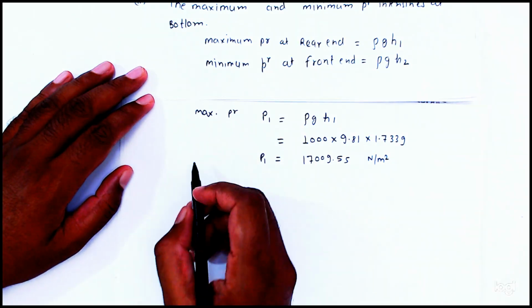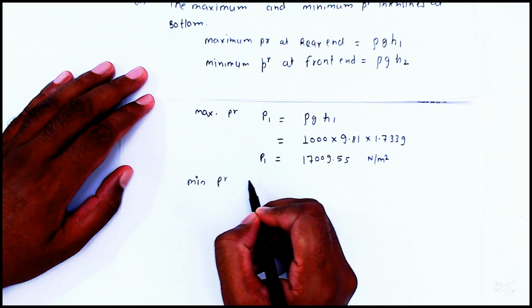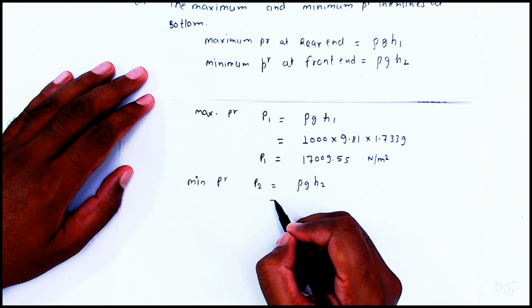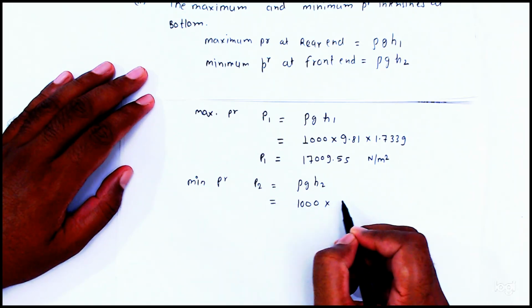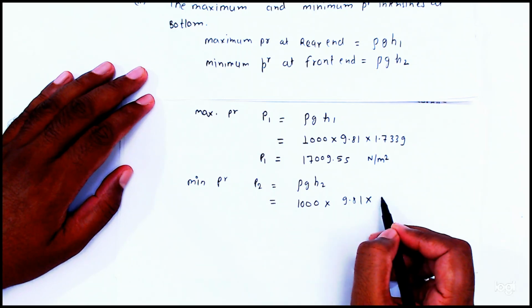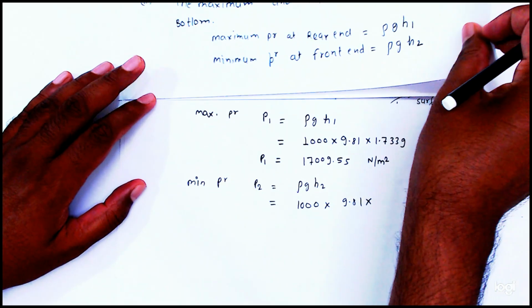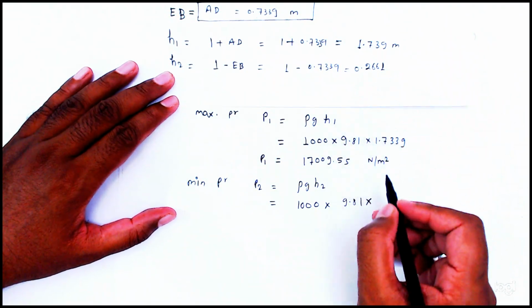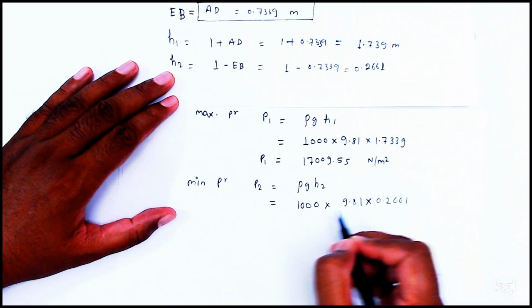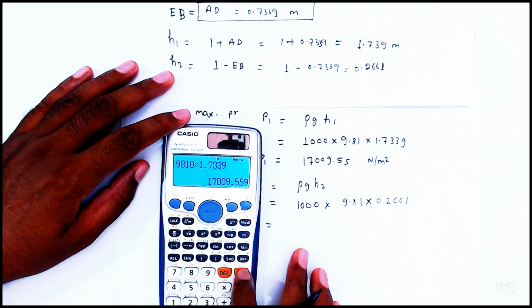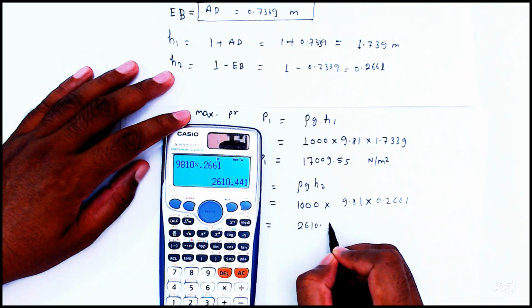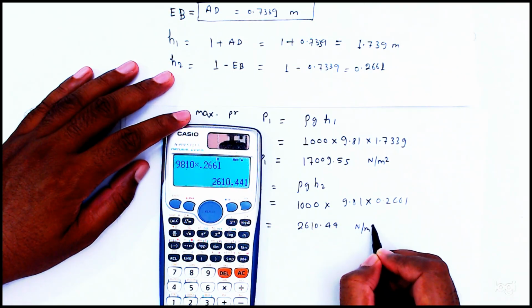Okay, friends, the minimum pressure is equal to what? P2 is equal to rho g H2, which is 1000 into 9.81 into H2. The H2 value is 0.2661. So 9810 into 0.2661 comes to 2610.44 Newton per meter square.